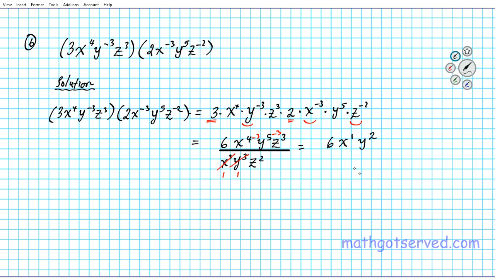Okay, and then we have the z's, z to the third and z squared on the bottom. The bottom is weaker again, so that gets taken out, and then you subtract the power from the top, and then you have z raised to the first power. All right, so your final answer is going to be 6x y to the second power z. Okay, so that is the answer to question number 6.